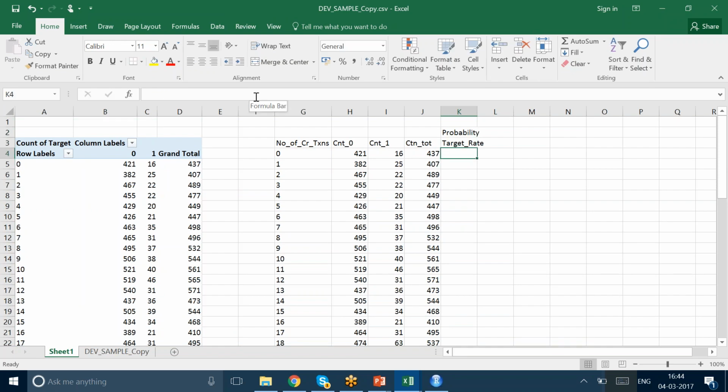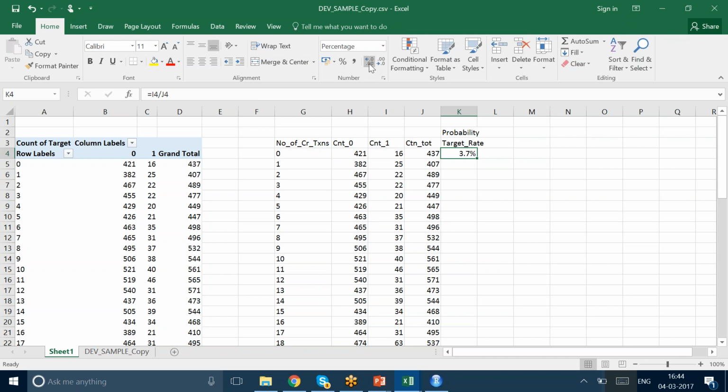So in the segment where number of credit transactions is 0, what is my target rate? What is my success rate? It is not 100%. It is 16 divided by 437. I hope all of you are with me.